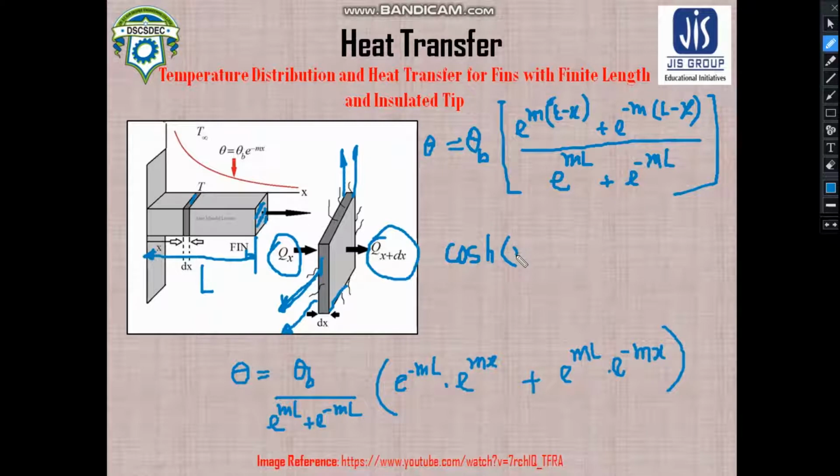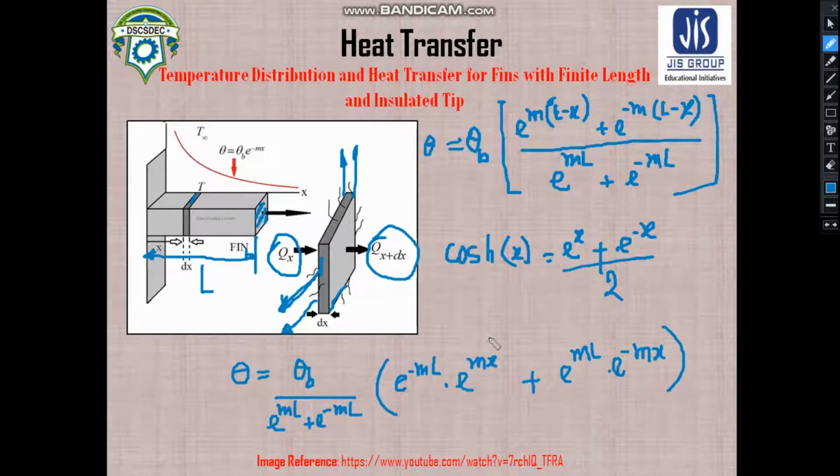Suppose we want to find out the cos hyperbolic function of x, then it would simply mean e to the power x, that is exponential of x, plus exponential of minus x, divided by 2. So this is our cos hyperbolic function.